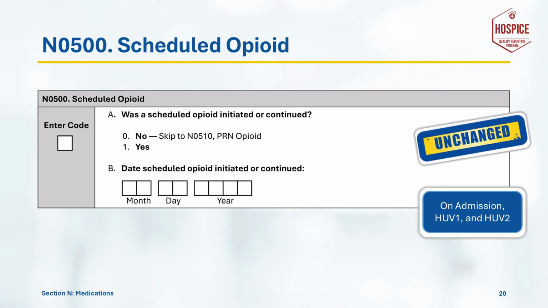The first item in Section N is N0500, scheduled opioid. This item documents whether a scheduled opioid was initiated or continued, and the date of the initiation or continuation. This item is unchanged and was previously only collected on admission, but is now also collected on the new HUV time points.